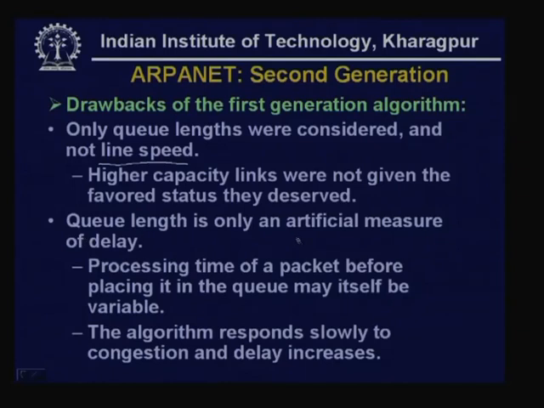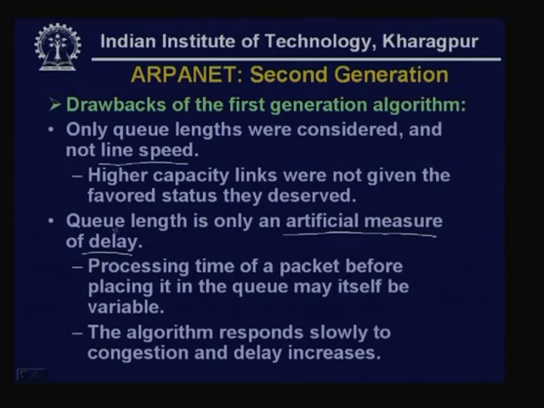However, by the time the second generation algorithm was considered, the links had been upgraded from low rate to high rate, and as a consequence it was necessary to take into consideration the line speed. And as I mentioned, queue length is only an artificial measure of the delay.